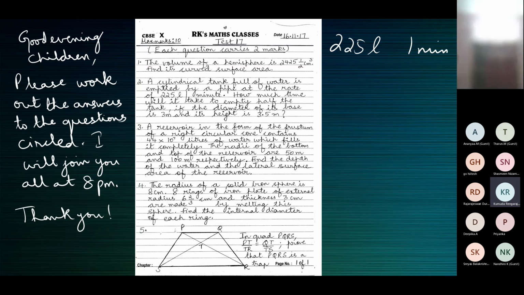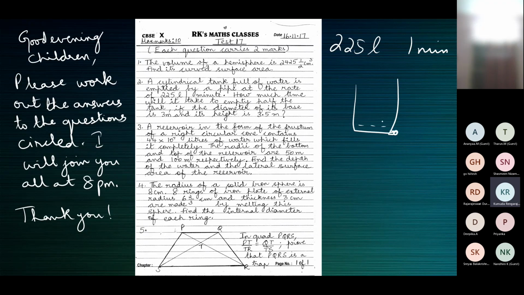Now when you let the emptying outlet or pipe, whatever you call it, open for 1 minute, then 225 liters of water is discharged from the tank. Please understand that. Cylindrical tank. So somewhere here is the emptying pipe. Normally it's closed.